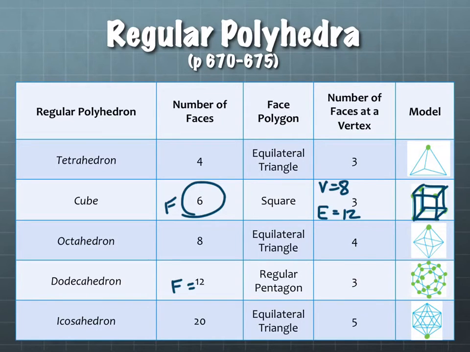There should be 20. Where did I miss it? Maybe I just counted wrong. There should be 20 vertices. I probably didn't mark something right, but there's 20. So I've got vertices is 20.